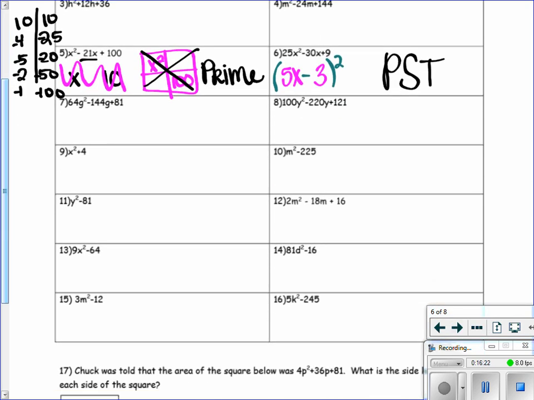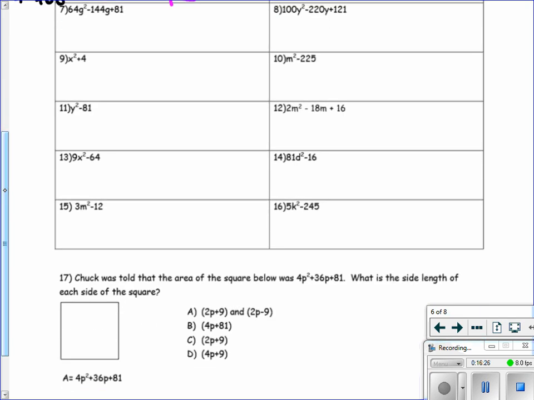Let's look at number 15. On 15, do we have two perfect squares? No. Could you create two perfect squares? How? They're both divisible by 3. So put a 3 on the outside, and then we have m squared minus 4.